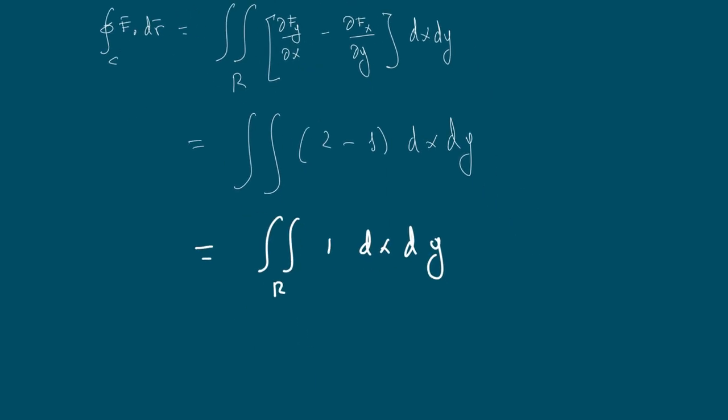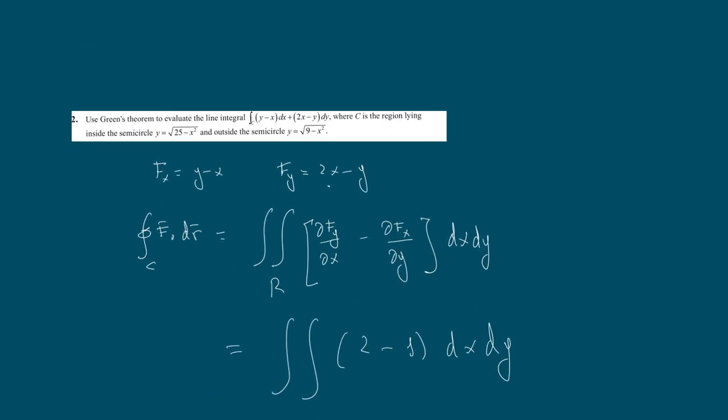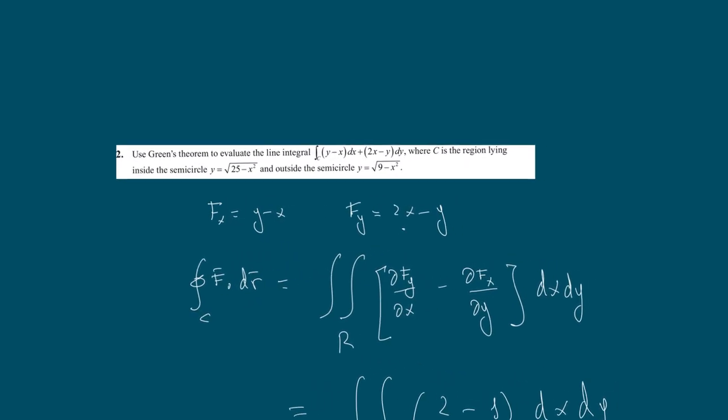Oh, and what is the region R? The region R is between the semicircle of radius 5 and the semicircle of radius 3. So what is the area that is between the two of them? So I have the semicircle of radius 5, and the semicircle of radius 3. So this is the region of integration.